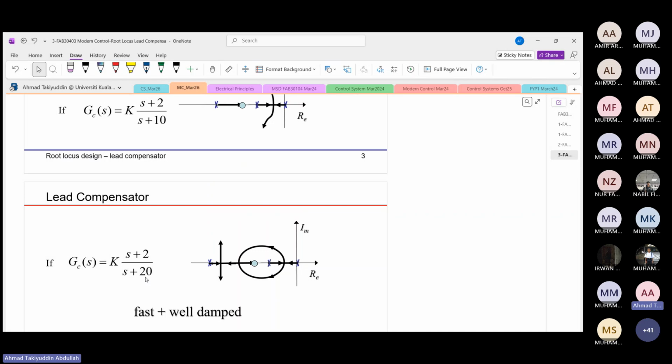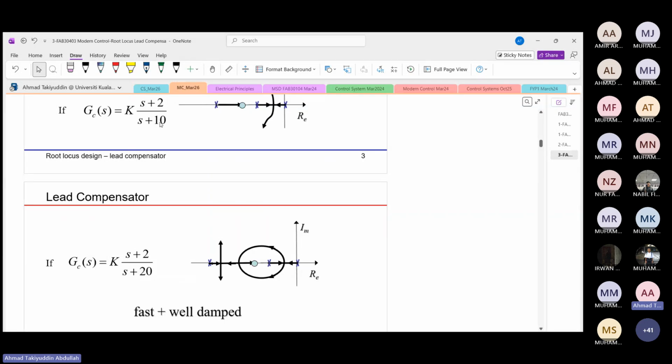Fast response means that the system will take a shorter time compared to before to reach the steady state point. So that will be the improvement of having the value of Pc a bit farther to the left of the S-plane.